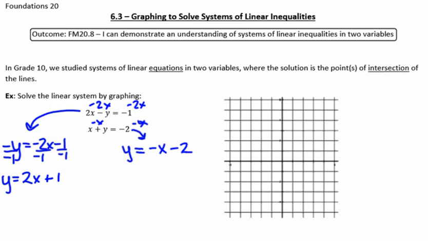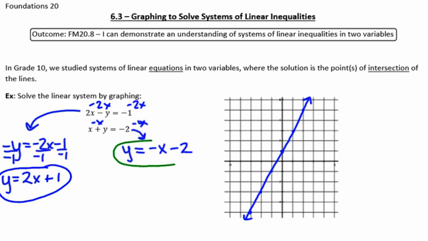So graphing this first one, we have a y-intercept of 1 and a slope of 2 over 1. So y-intercept of 1, and my slope I'm going to go up 2 and over 1, and draw a line through there. And then this one, I have a negative slope of -1 over 1.